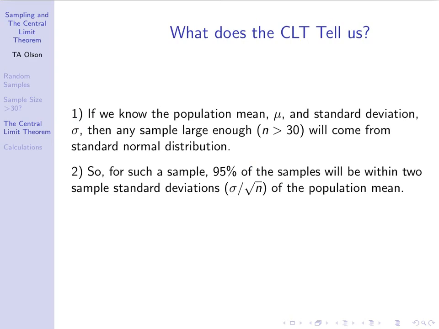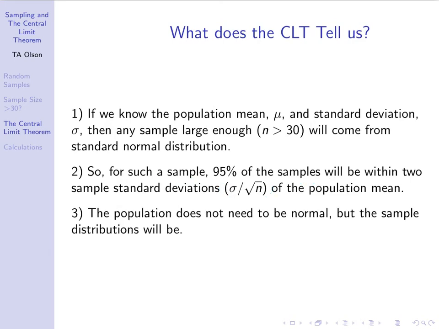That means for such a sample of size n, 95% of the sample means will be within 2 sample standard deviations of the population mean, right? So within 2 of these of our population mean, mu.